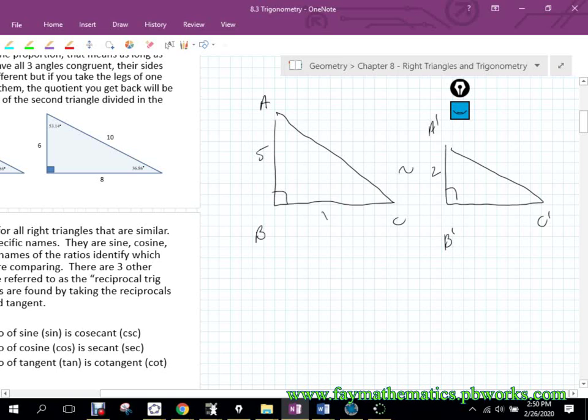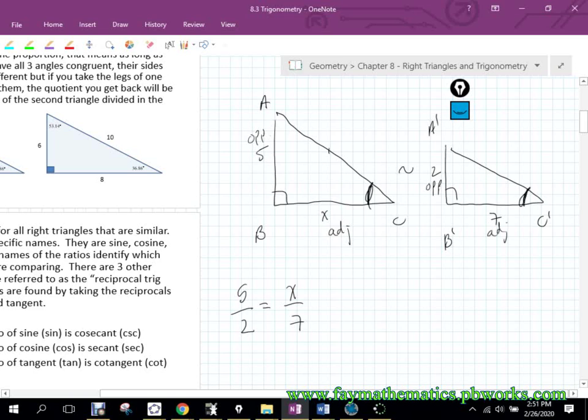If I give you this to be X, and let's say this one here is 7, and I told you the two triangles are similar, do you remember saying that 5 compared to 2 is equal to X compared to 7? Remember doing that? Well, this is the opposite side. This is the adjacent side if I'm looking at angle C. This is opposite, and this is adjacent if I'm looking at C prime.